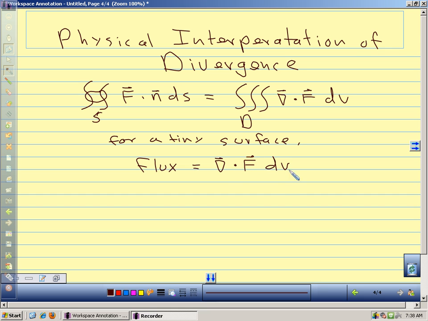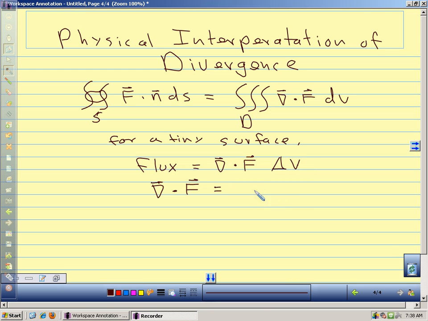If we have a really, really tiny surface, our flux is approximately equal to this quantity. Or the divergence, del dot F, equals, and rather than dV, I'm going to say delta V, since we're talking about small things, but not necessarily infinitesimal things.